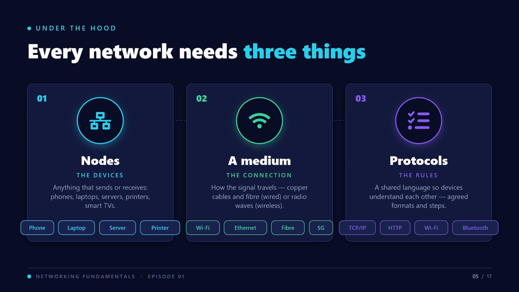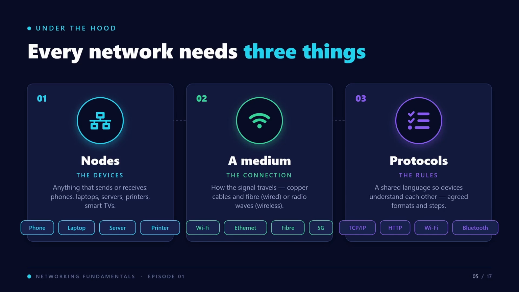That's the connection itself. How the signal actually travels. It's either wired through cables and fibers or wireless through radio waves like Wi-Fi. Number three, protocol. This is the one people forget. A protocol is just a shared set of rules, a common language, so devices actually understand each other.